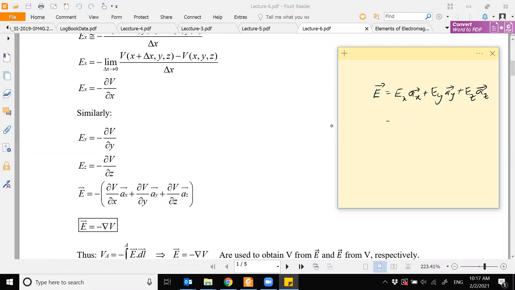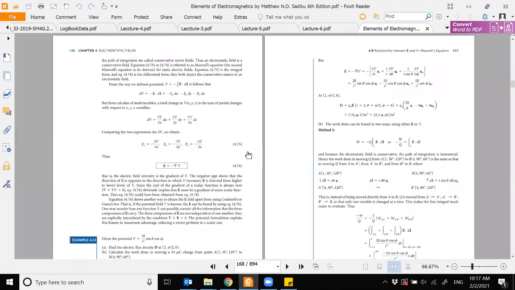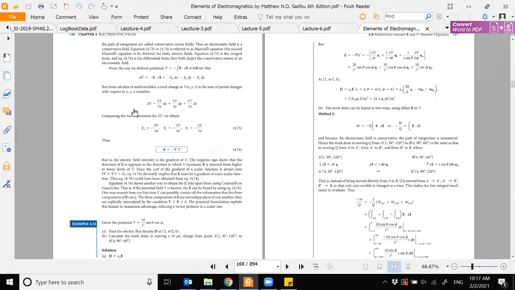So I explained it from this point of view, and in your book, it is also explained in a very similar manner, but there they have used the calculus of multivariables. Both are equally correct approaches.